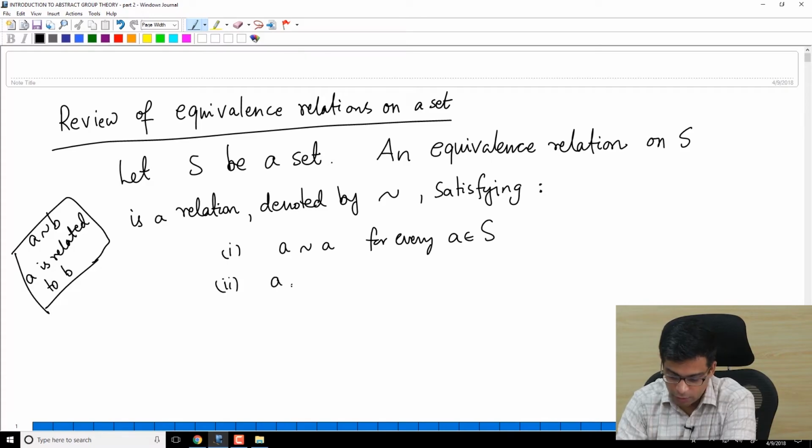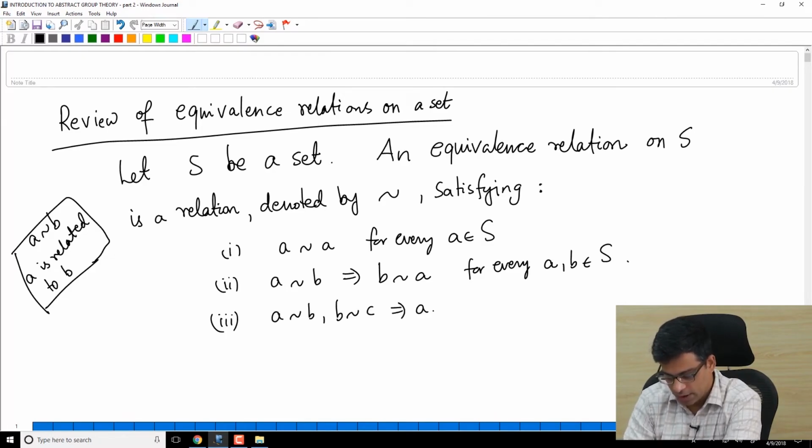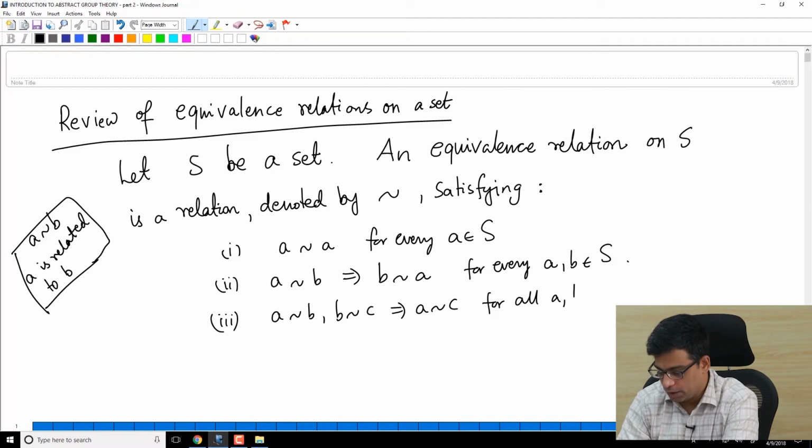If A is related to B, then B is related to A. This is true for every A, B in S. The third property is called the transitive property. If A is related to B, and B is related to C, then A is related to C. This is true for all A, B, C in S.